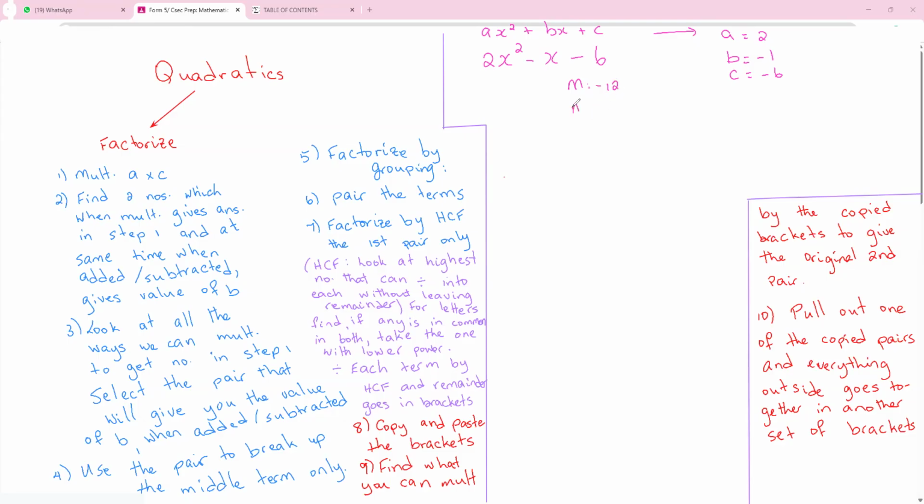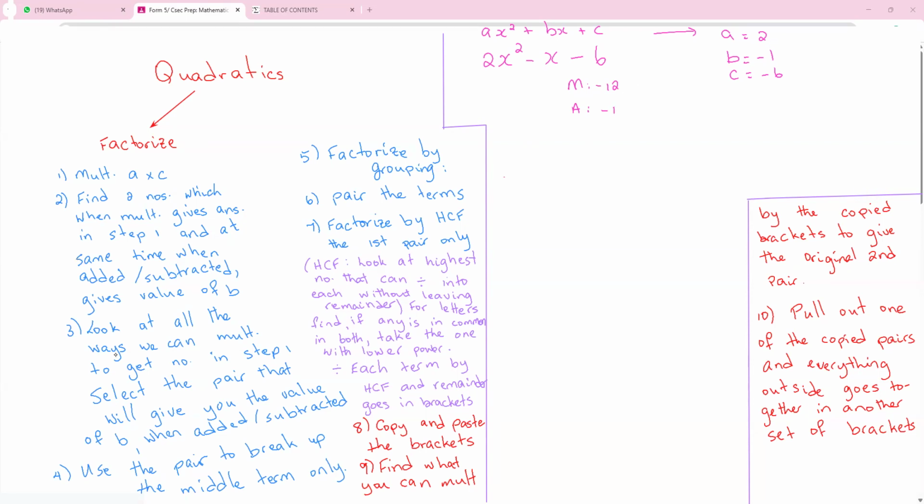And then when we add them, right, so we either add or subtract. So the second step, find two numbers, which when multiplied gives the answer in step 1, which was negative 12. And at the same time, when we add or subtract those two numbers, it gives us the value of b. So when we add or subtract, it must give me negative 1.